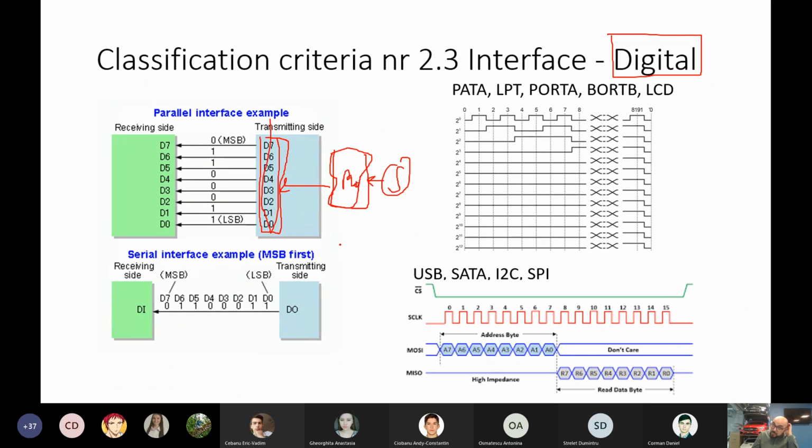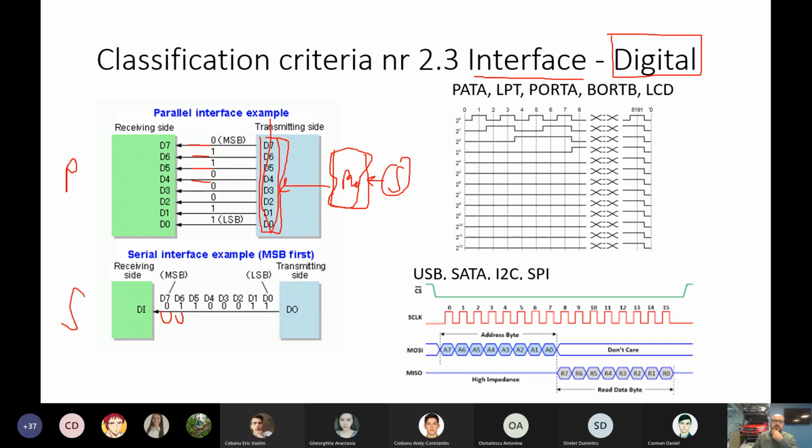Okay, so according to the digital interface, we can have parallel ones and serial. Parallel means we send many bits at once, in parallel. Serial means we send bit by bit, like a train: first bit, second bit, and so on.